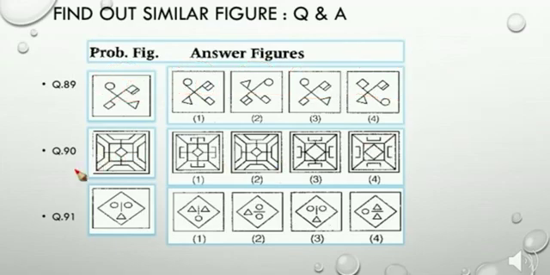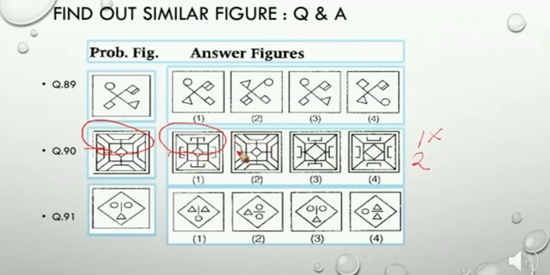Let's go to question number 90. Let's check which of the answer figures is similar to the given problem figure. Let's check for this portion. It is not the same because this T is not available here. So option 1 is rejected. Let's check for option 2.